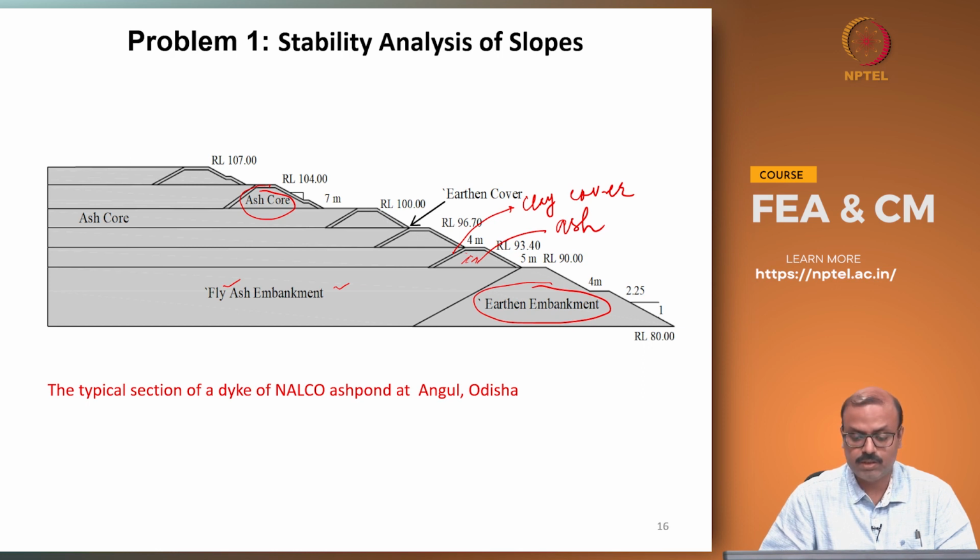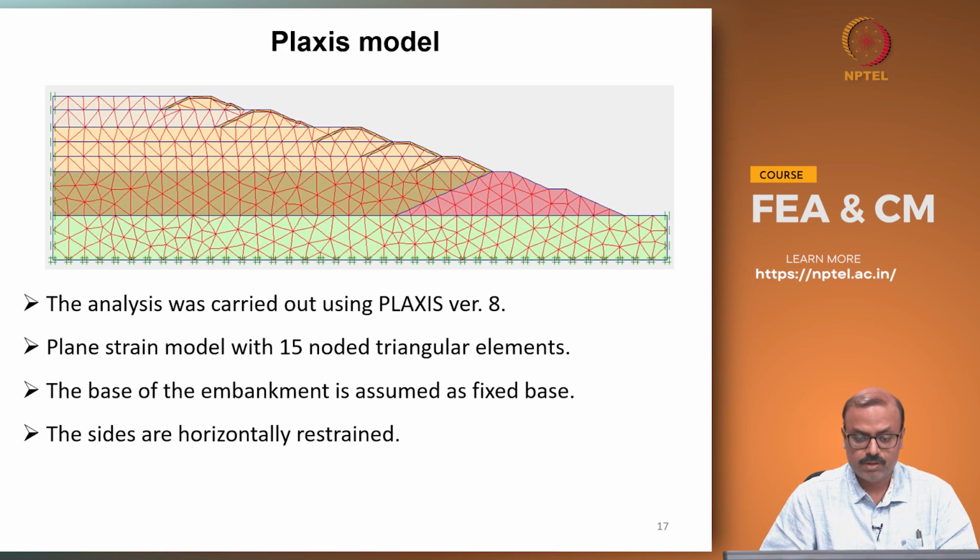This is an actual dike in one of the aluminum company industry ash dikes. We did the analysis in Plaxis, as you can see, with the latest version of Plaxis. It is a plane strain model with 15-noded triangular elements. The base of the embankment is assumed as a fixed base. The sides are horizontally restrained.